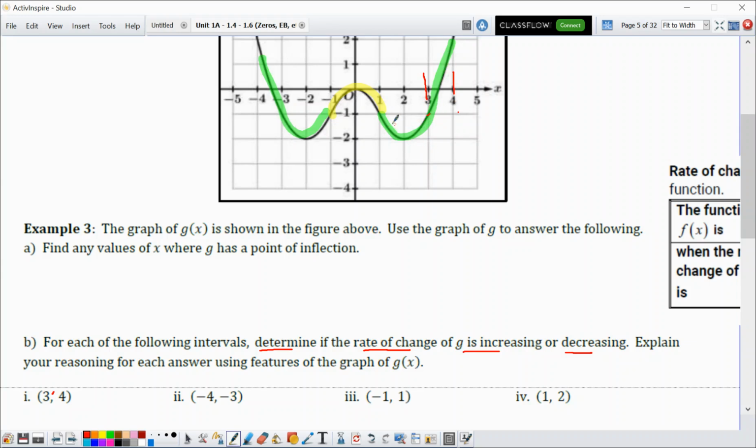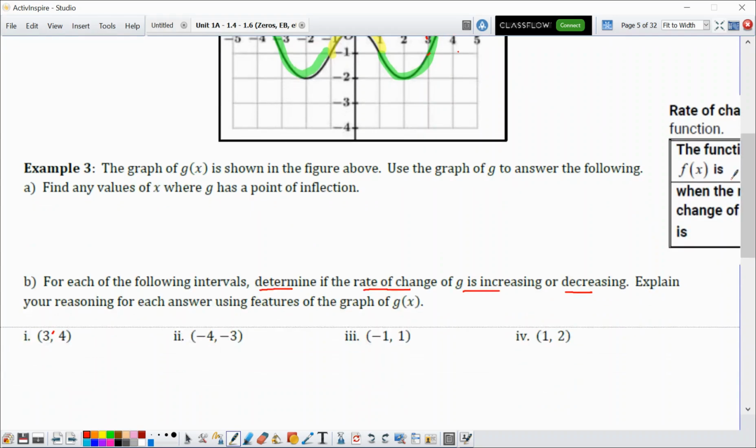What do you see about the concavity of the graph? You can see that the graph is concave up. If the function is concave up, the rate of g is increasing. To explain the reasoning, you can say g of x is CC up on the interval 3 to 4.